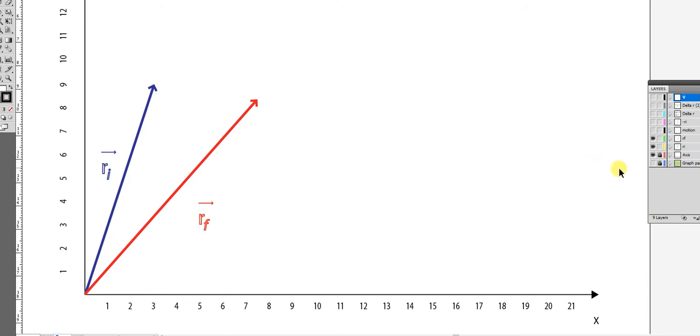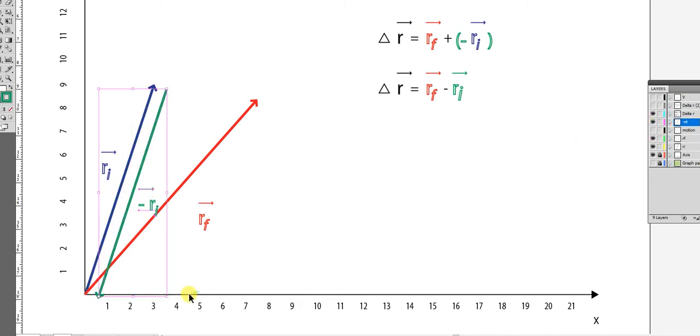Now what we are interested in is delta r, which is r final plus minus r initial. But what is plus minus r initial? It's r final minus r initial. So this is minus r initial, this one.